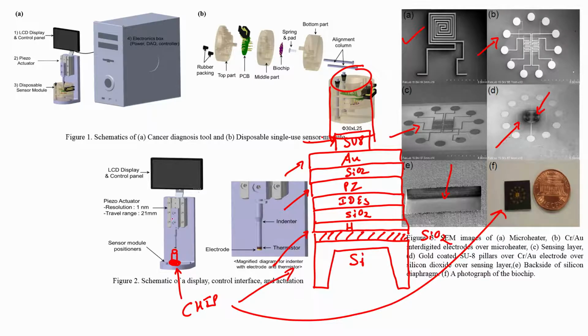Now, if I apply a force through my indenter, this is my indenter, alright. If I apply a force through the indenter, what will happen? If I apply a force on this tissue, this is my biopsy tissue, then my piezoresistor on the chip will show a change in resistance, right.